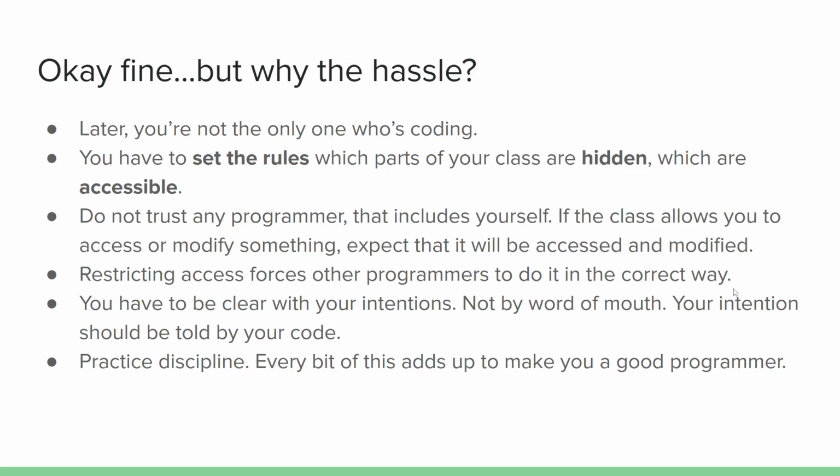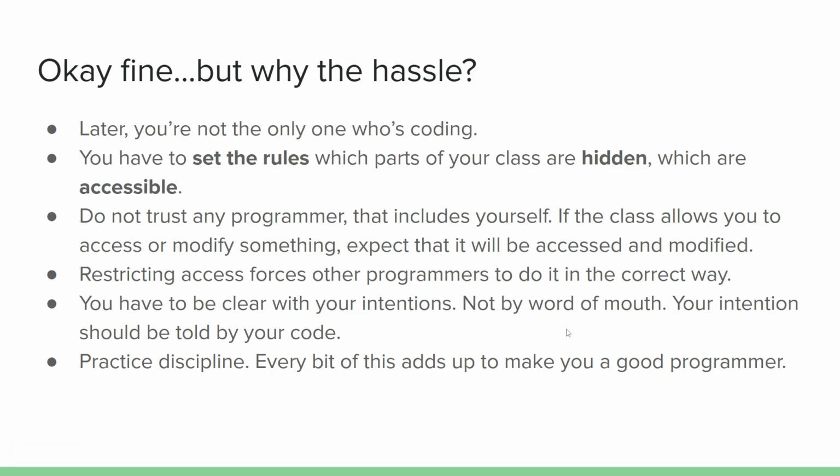Later on, you'll be working with other programmers, and the moment you give them access to everything, high chance they might just mess up your code. So we do this to make it safe, both for you and for the other programmer, right?